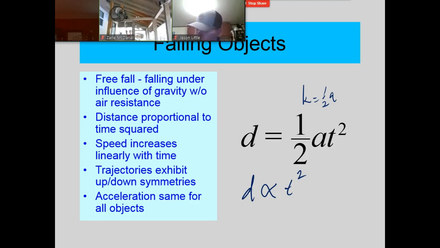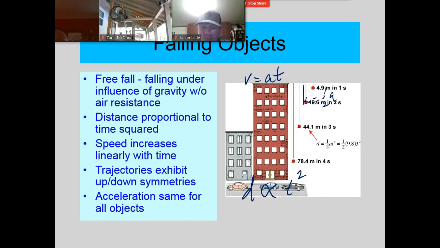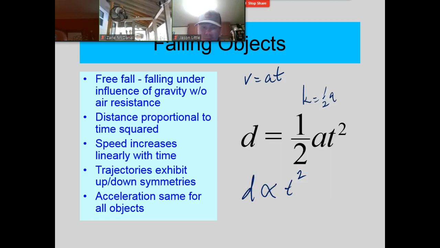Okay? Now, the distance increases by the square of the time. The speed increases linearly with time. V is equal to AT, not T squared, AT. Okay? Let's see if that formula is here too. No, I don't think so. Okay?